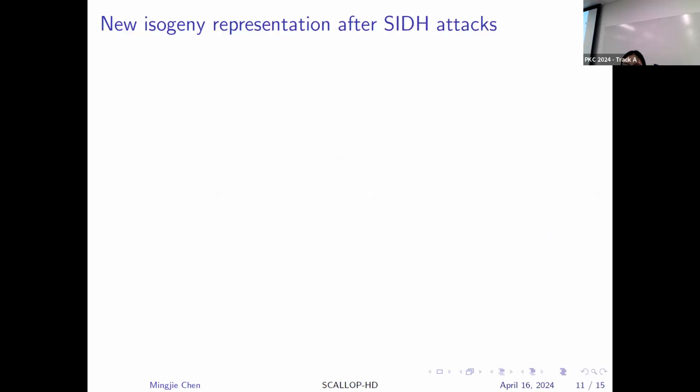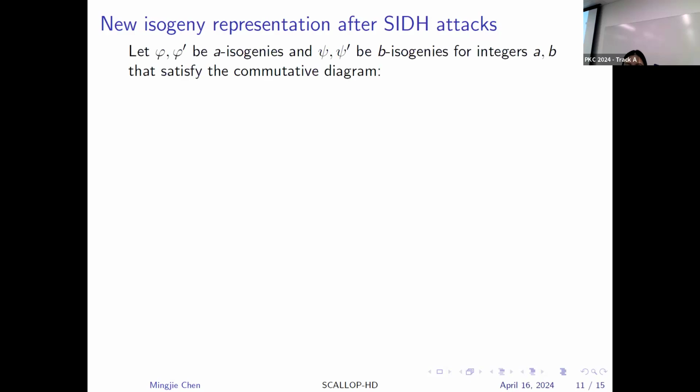The motivation of SCALLOP-HD is that we may be able to come up with a better way to represent the orientation data. This was motivated by the new isogeny representation after the SIDH attacks. The technical details are as follows. Let phi prime be A-isogenies and psi prime be B-isogenies for integers A, B that satisfy the commutative diagram.